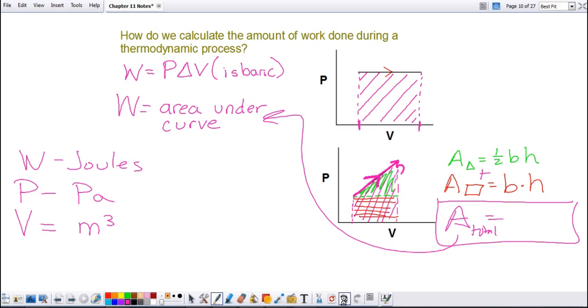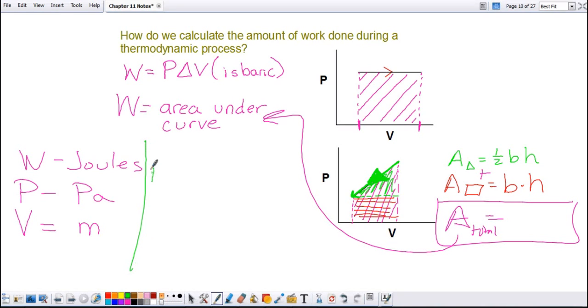If that arrow had been pointing this direction, then we would know that over time we start with a large volume and a large pressure, and that decreased. What this means is, when we go to the right, we are going to have positive work done, and when we go to the left, there is negative work done.